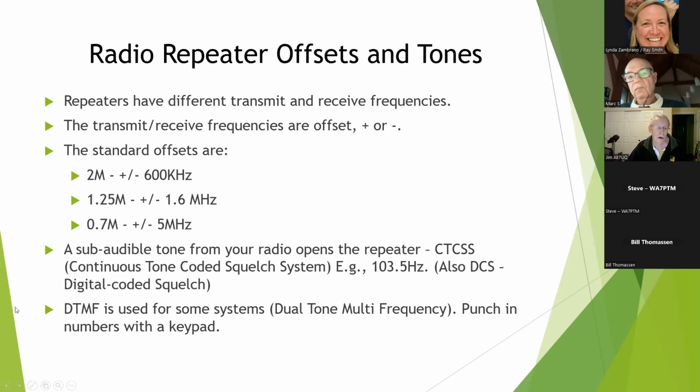Another tone or system you can see, particularly with a repeater system called IRLP, Internet Linked Repeater System, is DTMF. These are tones you punch in with the keypad, like on your radio or your phone, beep, beep, beep, beep.